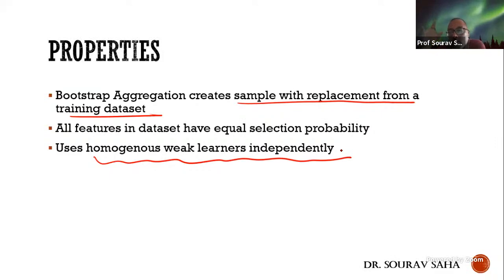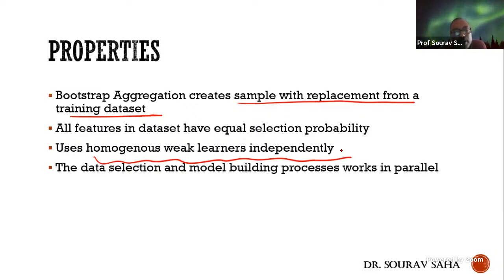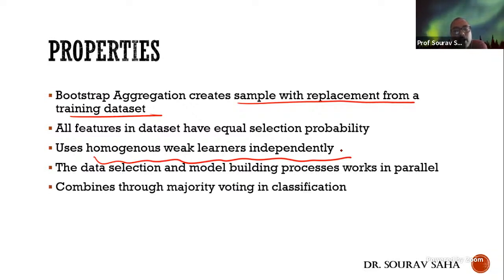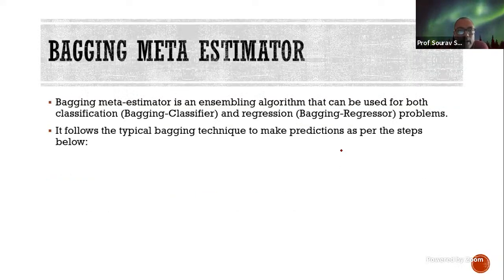So first you select the samples, and then on the samples in parallel you create multiple algorithms, right? So this data selection and model building process works in parallel and combines to a majority voting in classification and uses averages in regression. That is the bootstrap aggregation process, bagging, right?